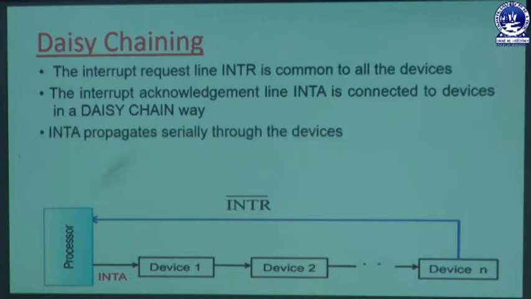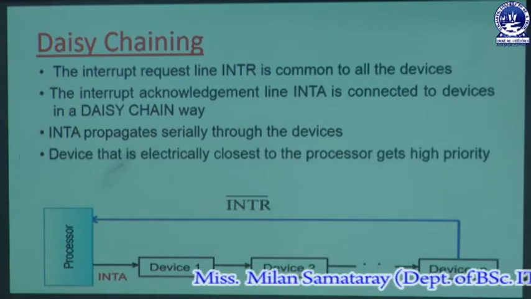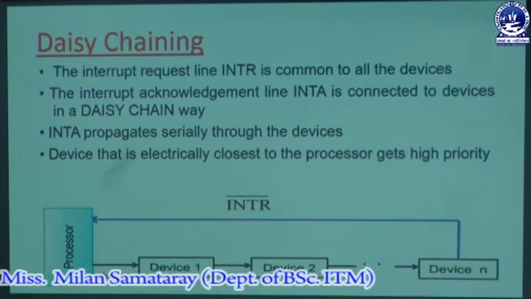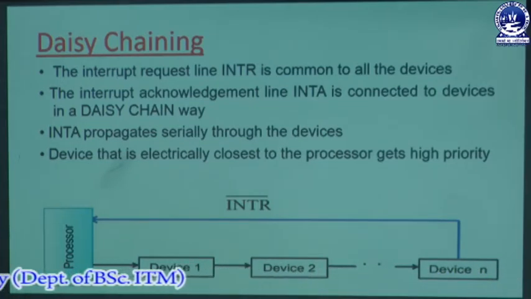The next one is that INTA propagates serially through the devices. That means the interrupt acknowledgement signal delivered by the processor is sent from one device to another in a sequential format. Then the device that is electrically closest to the processor gets the highest priority.